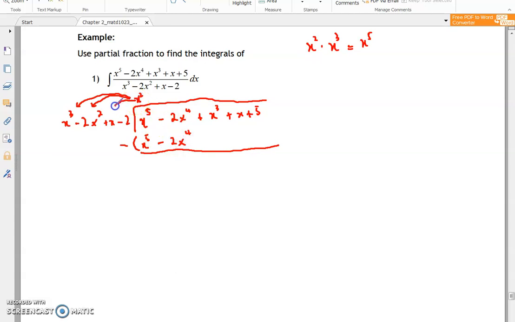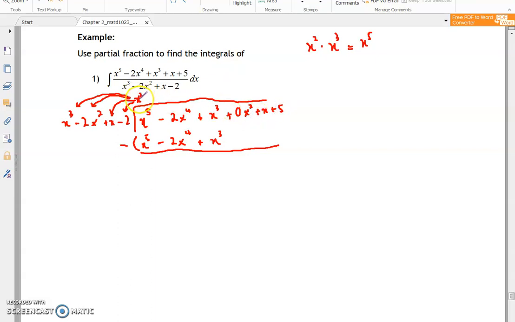x squared multiplied by x will be x cubed, which is plus x cubed. x squared must also be multiplied by minus 2. Sorry, this is x to the power of 1, so we need to give a place for 0x squared, then plus x plus 5.